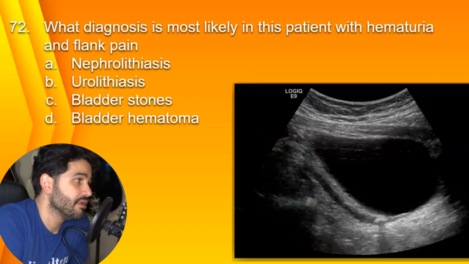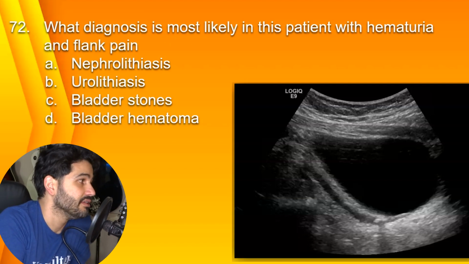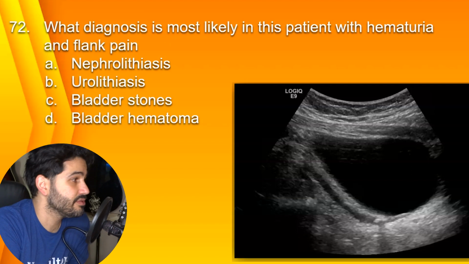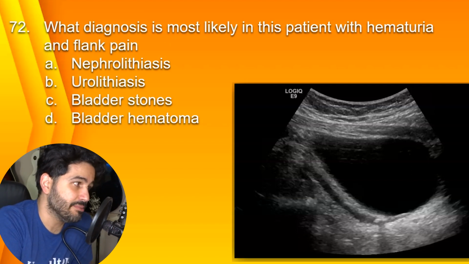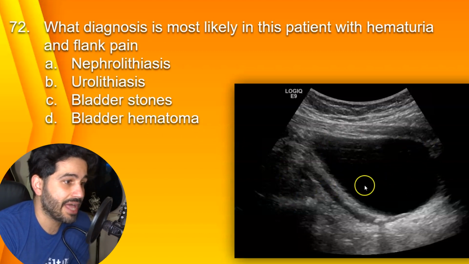All right, number 72. What diagnosis is most likely in this patient with hematuria and flank pain? A, nephrolithiasis. B, urolithiasis. C, bladder stones. Or D, bladder hematoma. All right, so here you got a parasagittal view of the bladder.